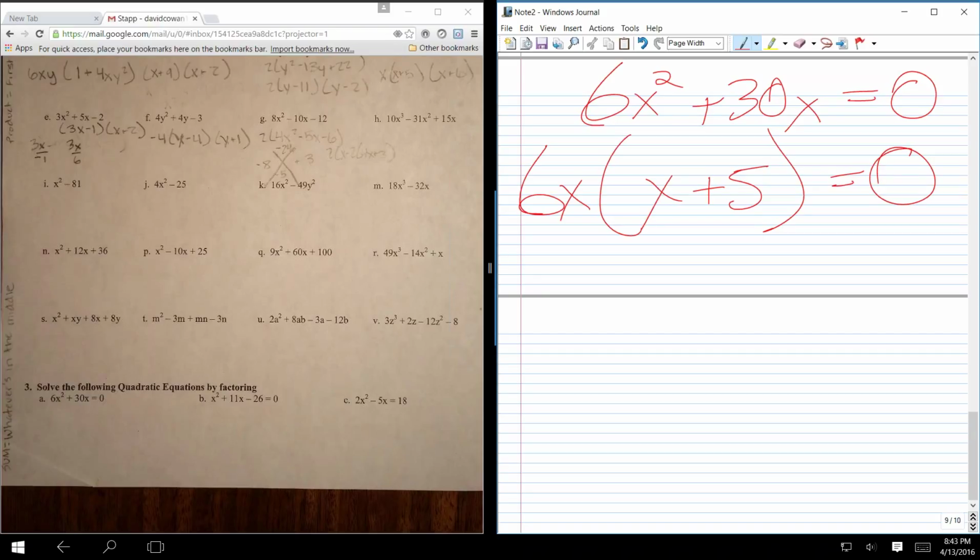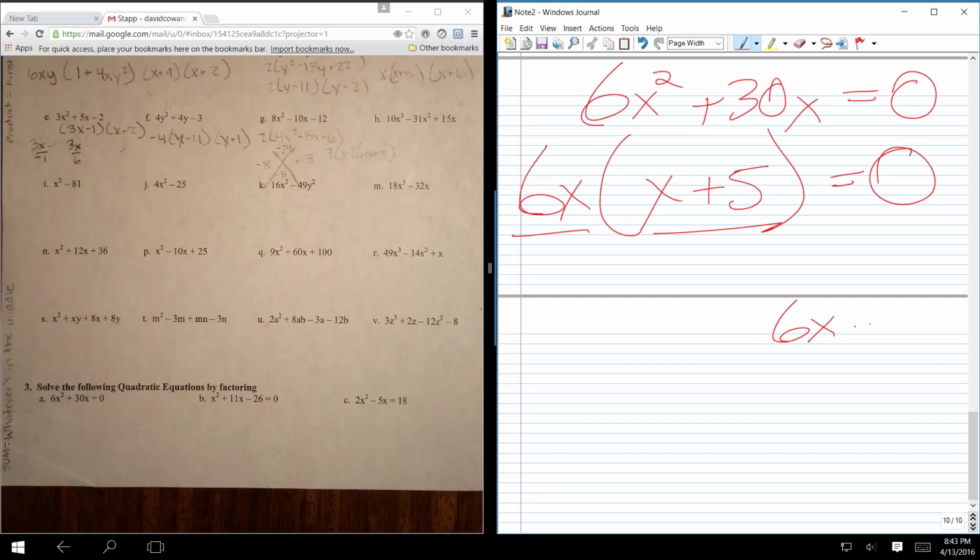When you have two numbers multiplied together that are equal to 0, one of them has to be 0. So what's the next step? Either that has to be 0 or that has to be 0. Let's set those down.